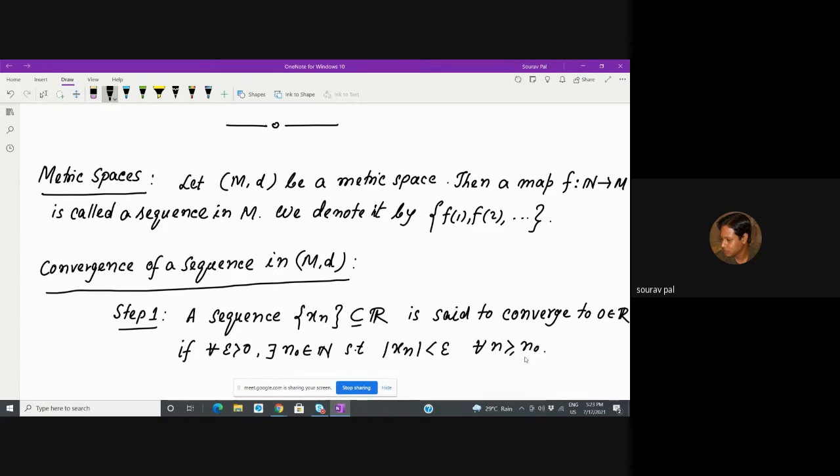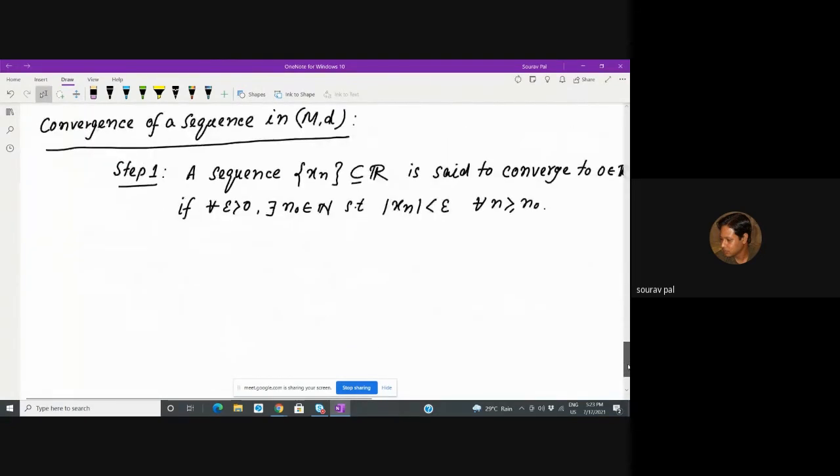This is the definition that a sequence in the real line converges to 0.